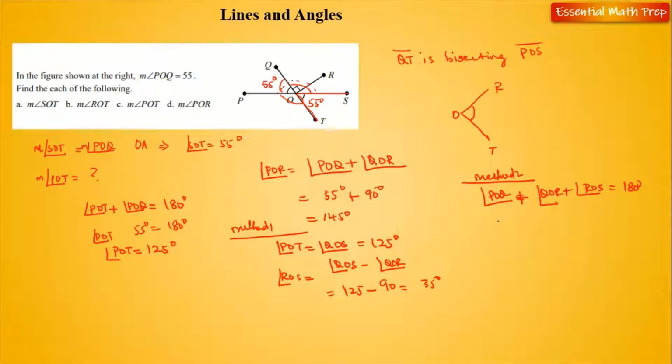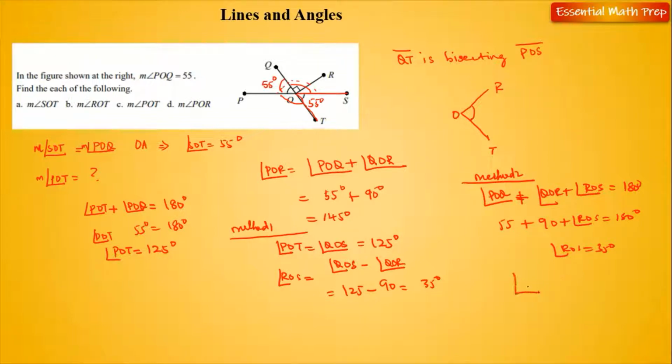So we know POQ is 55, QOR is 90, we don't know ROS, that's equal to 180. So 180 minus 145 is 35. You see, angle ROS equals 35. We've established the same angle in more than one method.